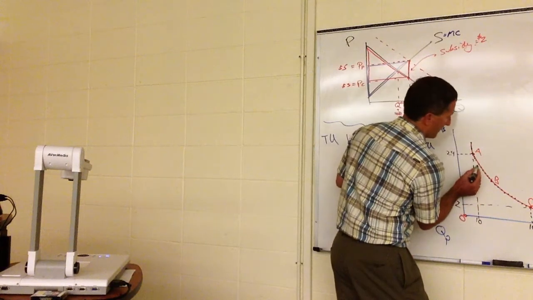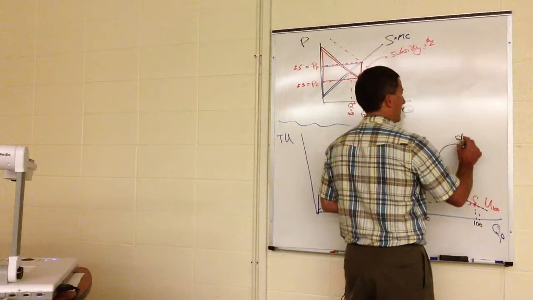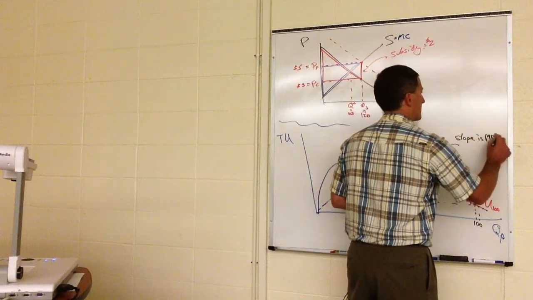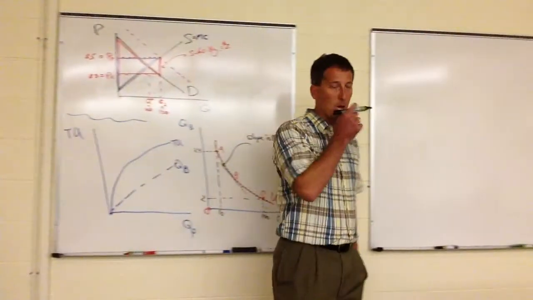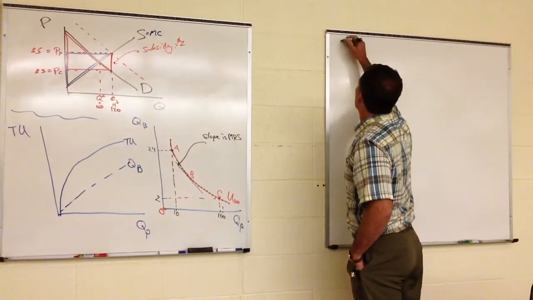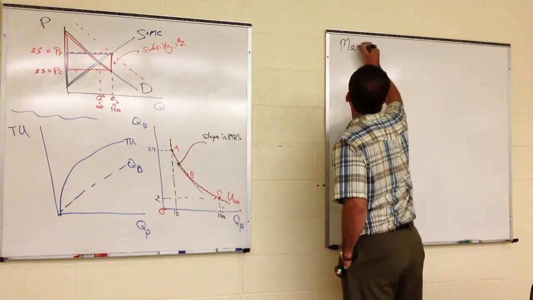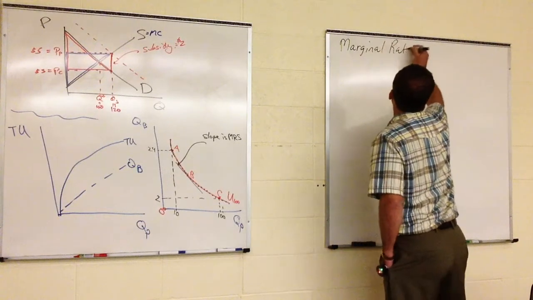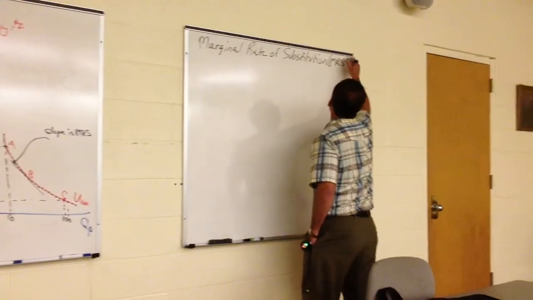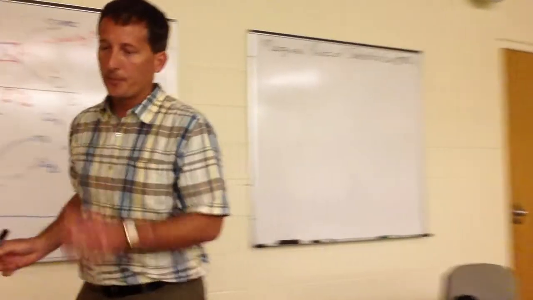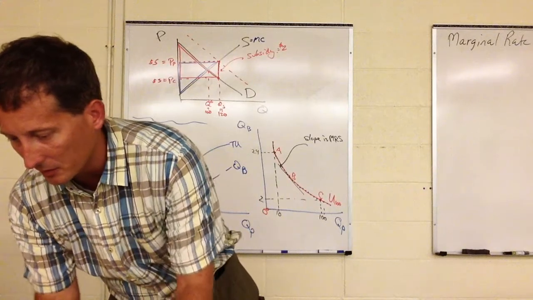The slope of the indifference curve at a point is the marginal rate of substitution, MRS. I'll try to stay consistent with how the book words it out for you.